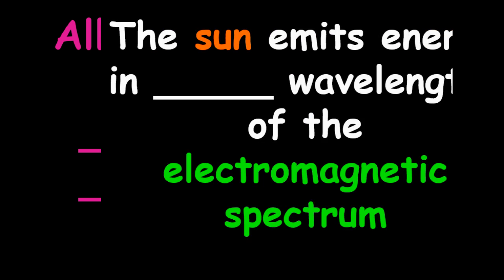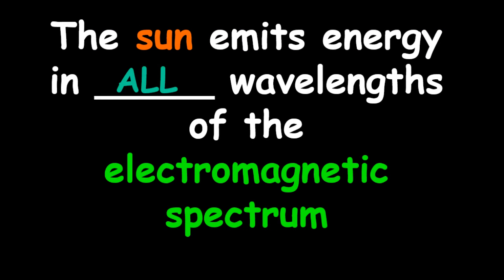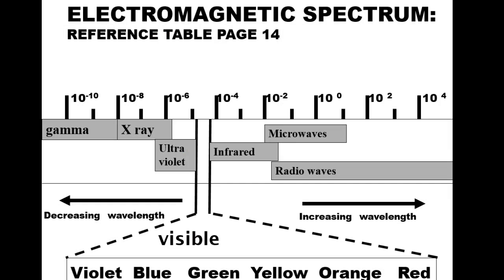And this is going to be seen when we talk about energy and wavelengths and how the energy travels from one location to another. Now, all of these wavelengths and all of this energy that the sun is giving off is known as the electromagnetic spectrum. The spectrum is all of the energy, and we categorize and classify the energy based on its wavelength.